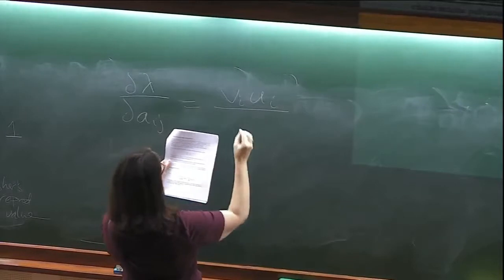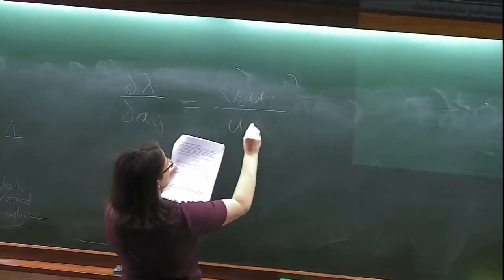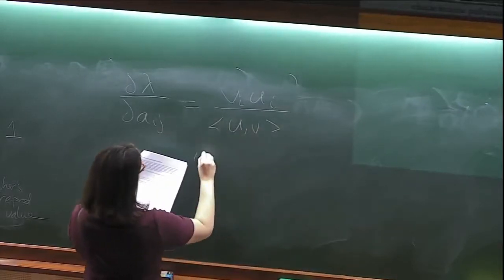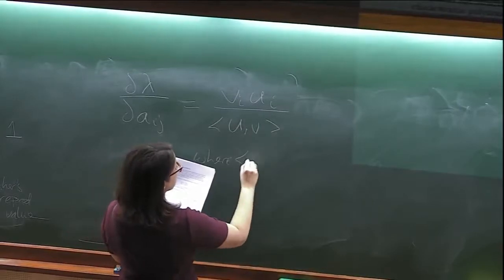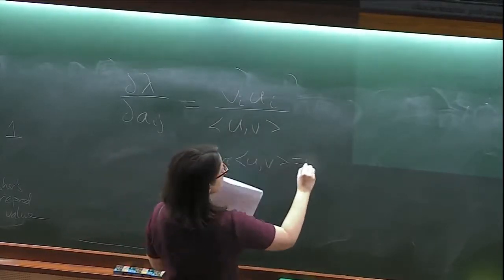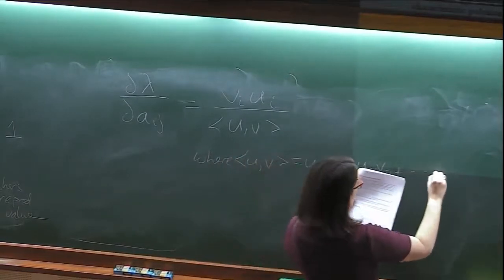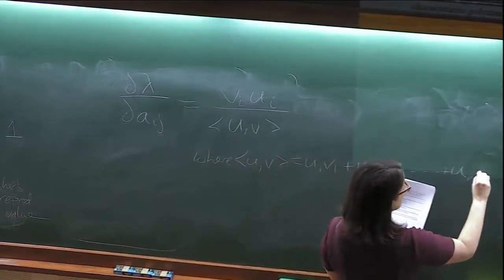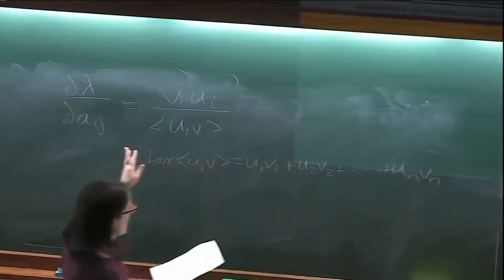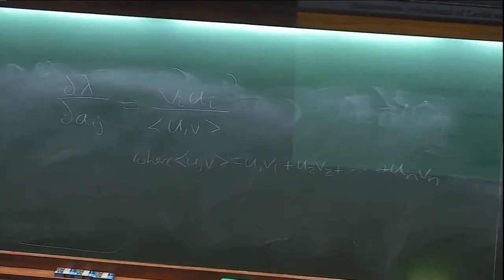Technically, I'm not going to worry about it. The denominator is the scalar product of the left and right eigenvectors.